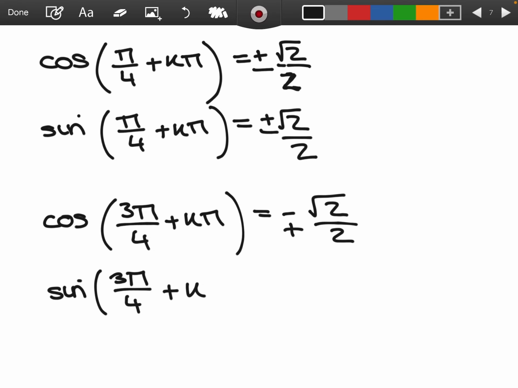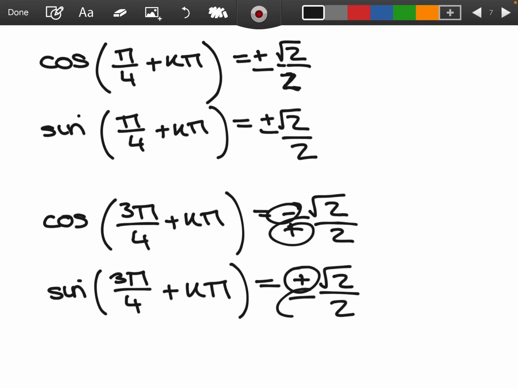Now for sine of angles in this set, sine of 3 pi over 4 is positive the square root of 2 over 2. Sine of 7 pi over 4, or any angle that's in quadrant 4, is negative. These have opposite signs.